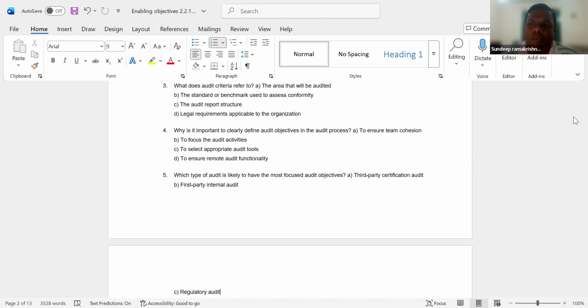So now you have to select between B and C. Shashikanta wants to select C. I want to select B, sir. Yeah, B is a more appropriate answer.